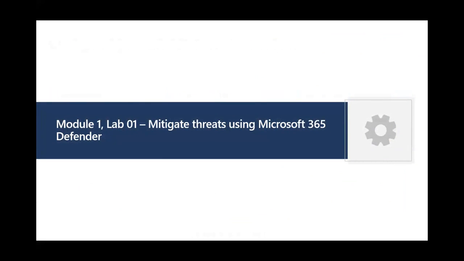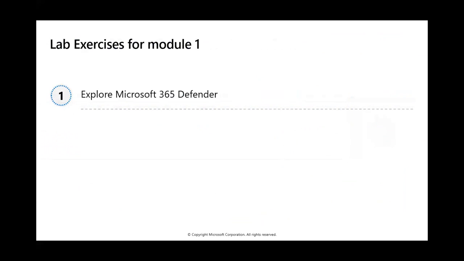Okay, there is one lab exercise associated with module 1, which is for mitigating threats using Microsoft 365 Defender. The objective for this lab is for you to explore Microsoft 365 Defender.